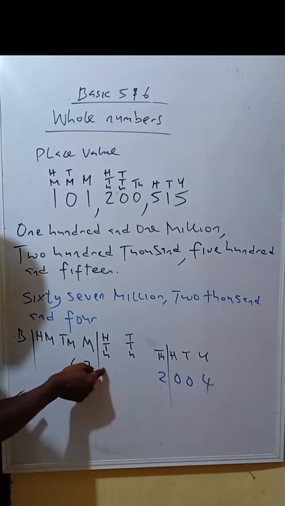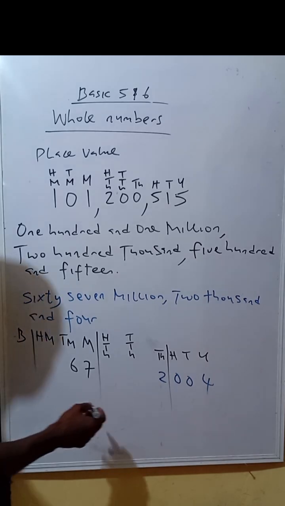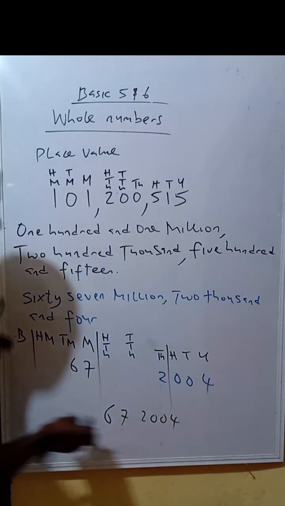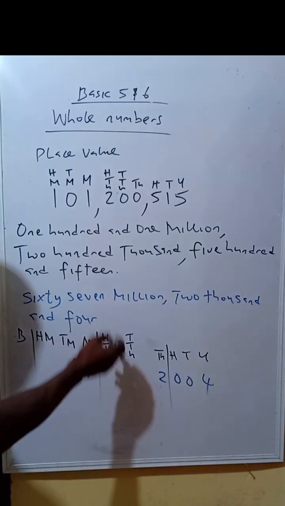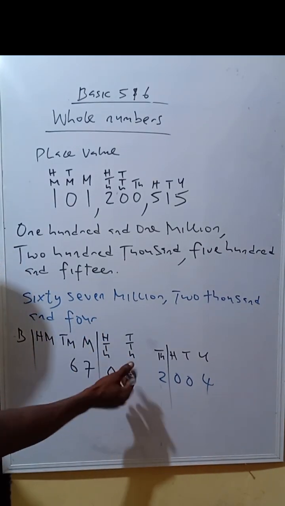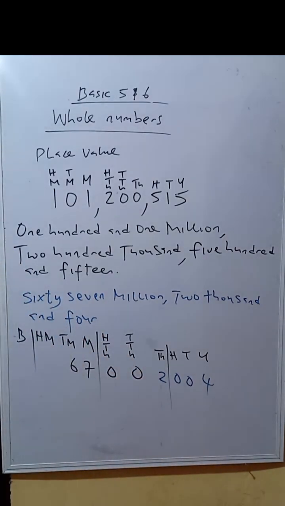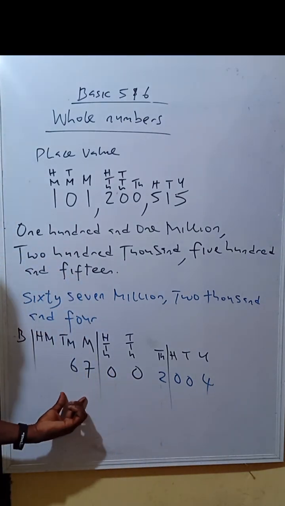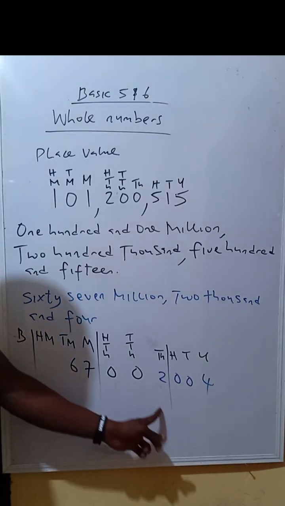Now, what will happen to this place? We're not going to leave it like this. We won't write 67,2004, that's wrong. We're going to include zeros, meaning that we have 0 here, 0 in 100,000, 0 in 10,000, whatever. So this is 67 million 2004.